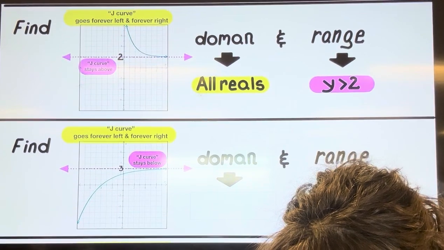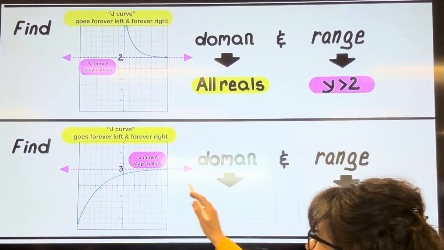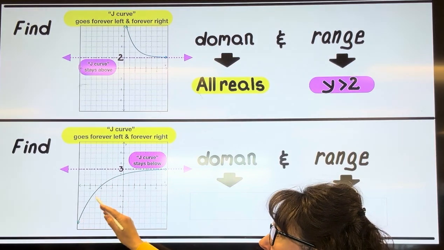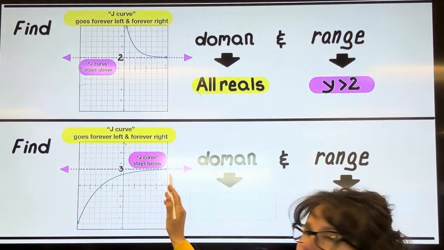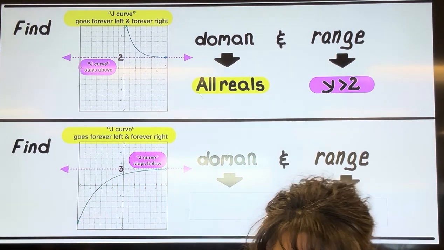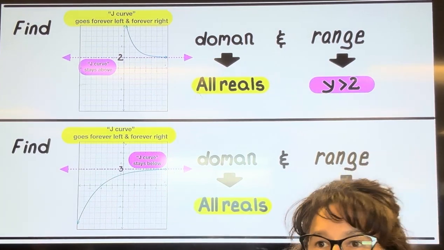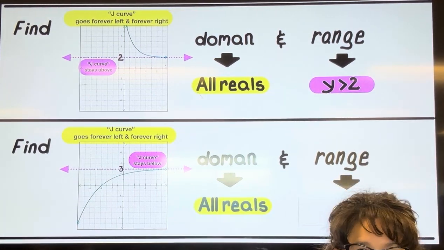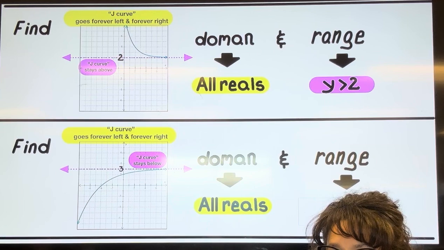Okay, two more here. This curve goes forever to the left and forever to the right. You're starting to see a pattern on the domains: all real, all real, all real.